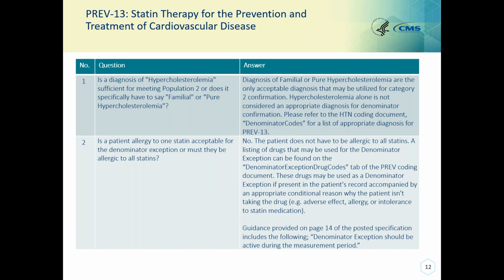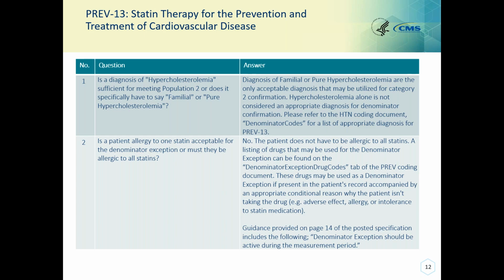The answer is diagnosis of familial or pure hypercholesterolemia are the only acceptable diagnoses that may be utilized for Category 2 confirmation. Hypercholesterolemia alone is not considered an appropriate diagnosis for denominator confirmation. Please refer to the HTN coding document, denominator codes, for a list of appropriate diagnoses for PREV 13.